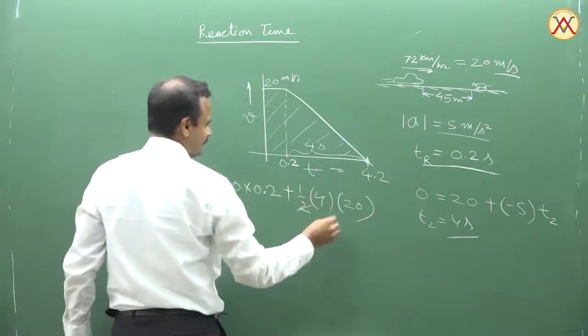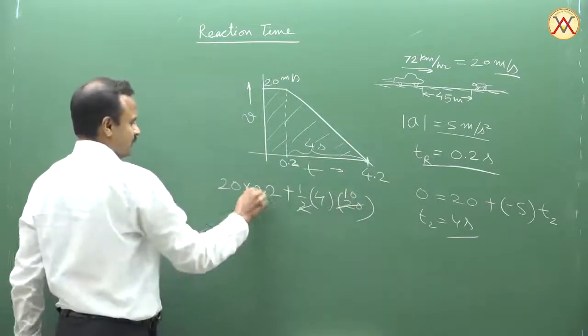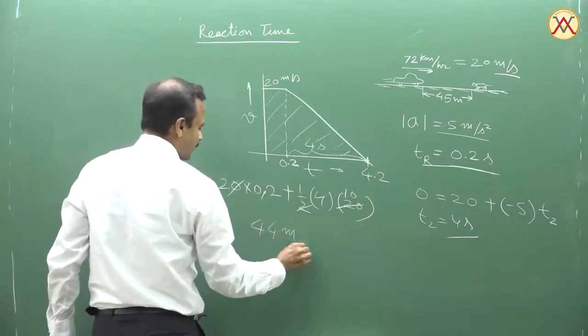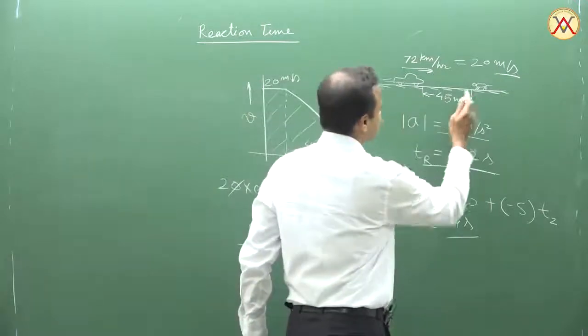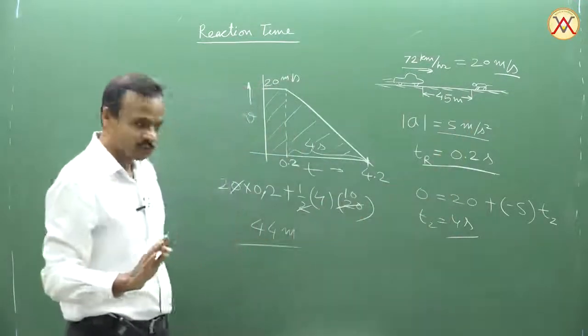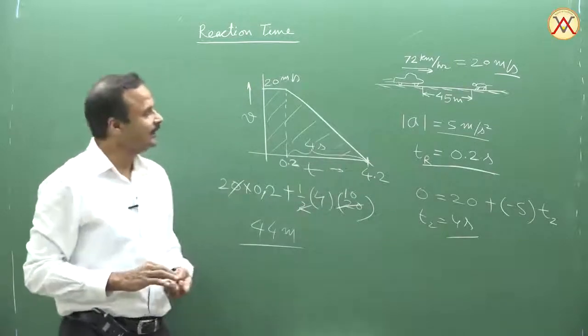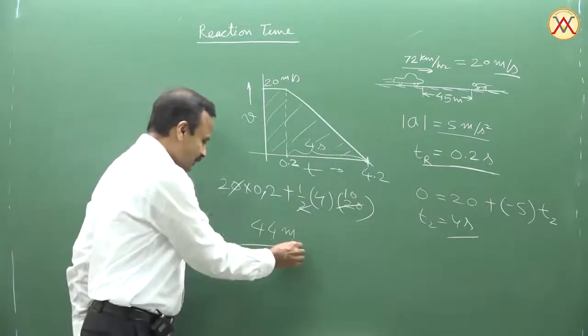So you can see this is 4 plus 40, 44 meters, and the given original separation was 45. So the animal is just saved, and also the vehicle and the person in it, but that was very close.